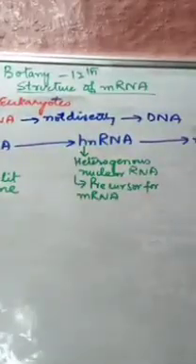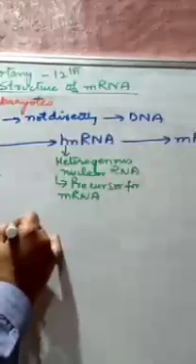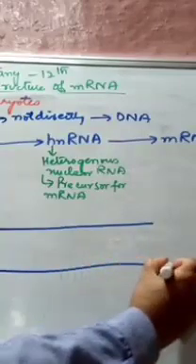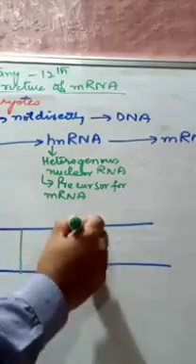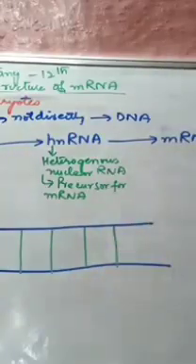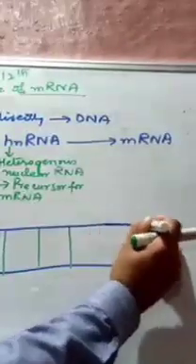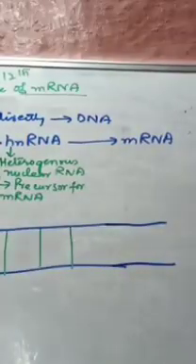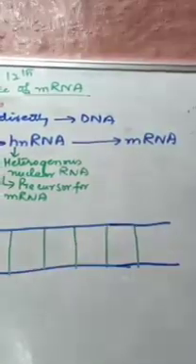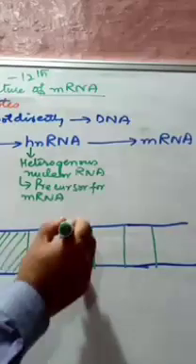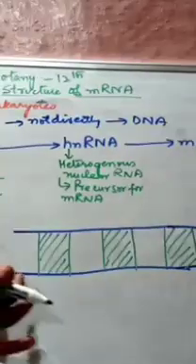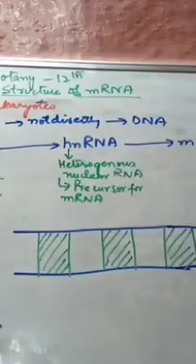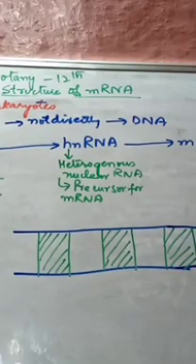Now, see the diagram. In this hnRNA we find two types of sequences.